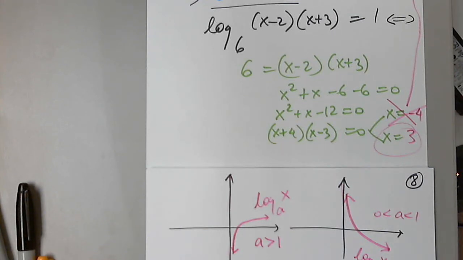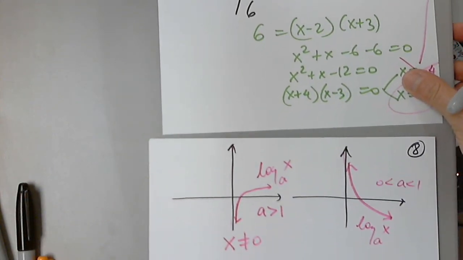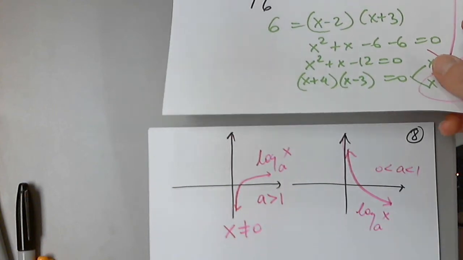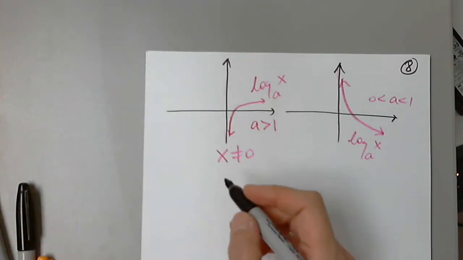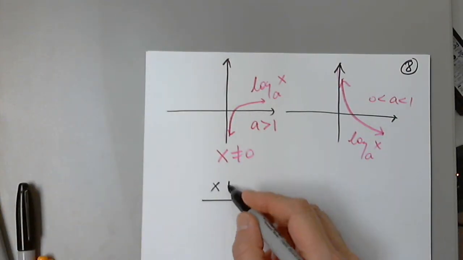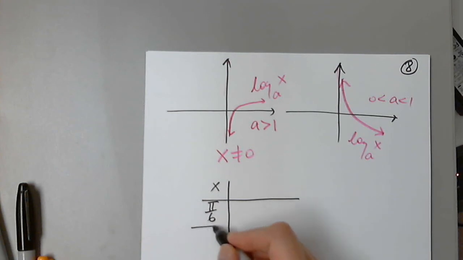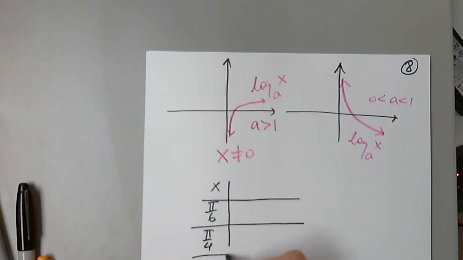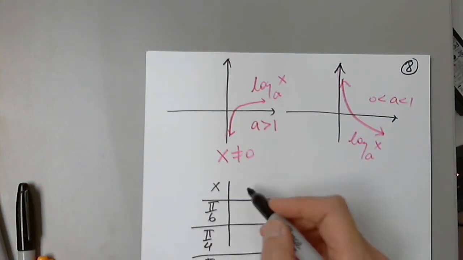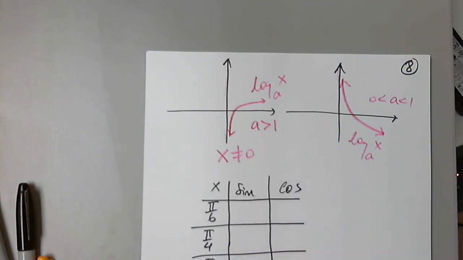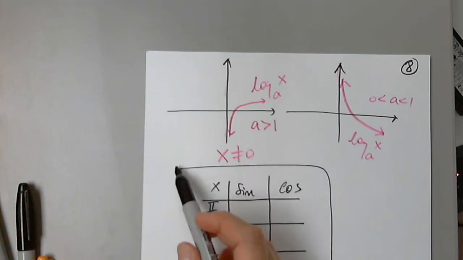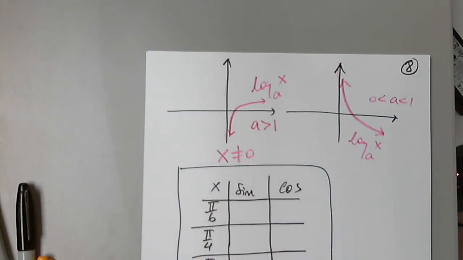Okay, number 17. Can we move on to 17? Questions? And number 17, I would like to refresh our memory on pi over 6, pi over 4, pi over 3, sine, and cosine. That's all we really need. Very easy to remember, I think.